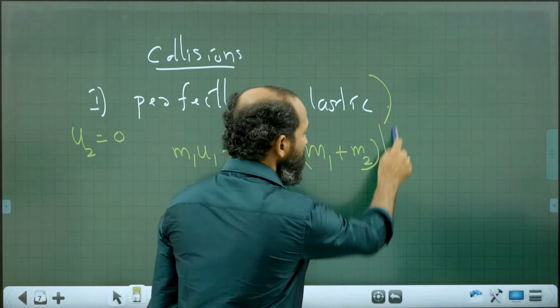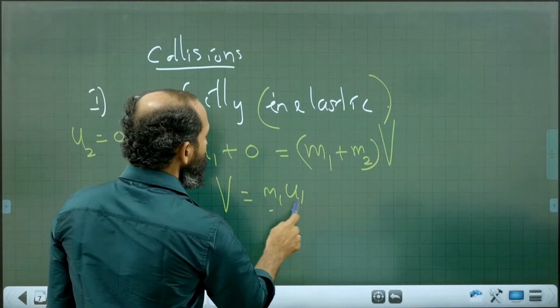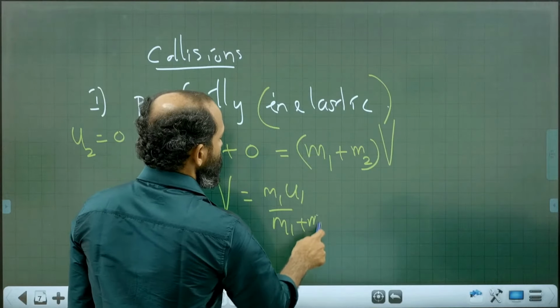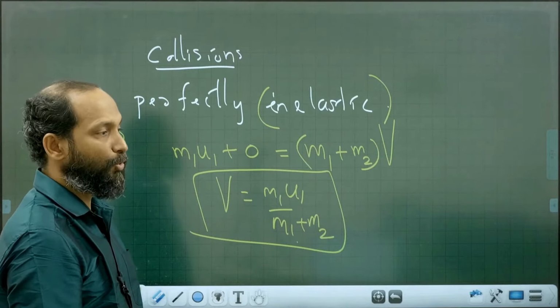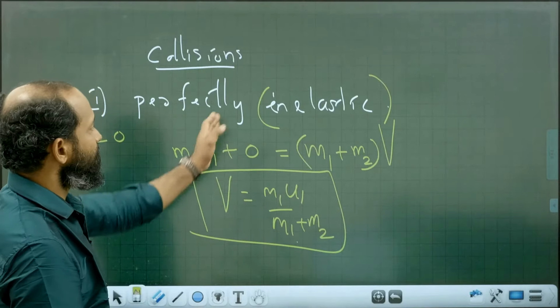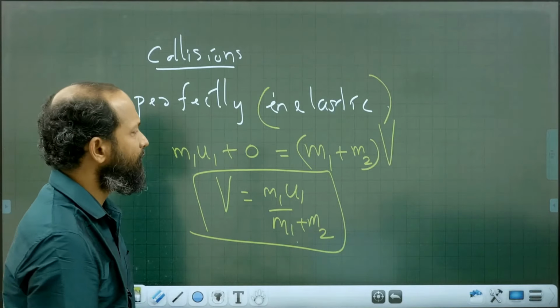So V is equal to m1 u1 by m1 plus m2, the common velocity of the bodies moving together after collision. In this process, some kinetic energy will be lost.